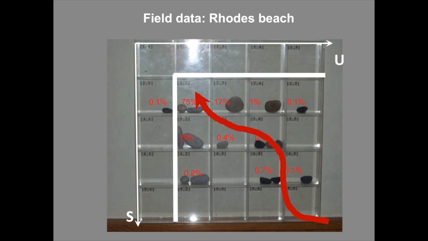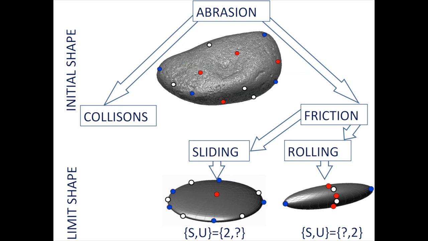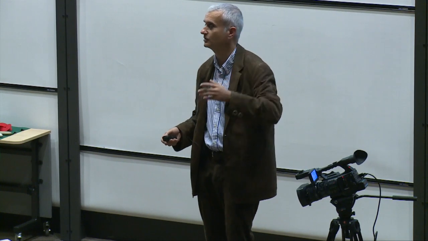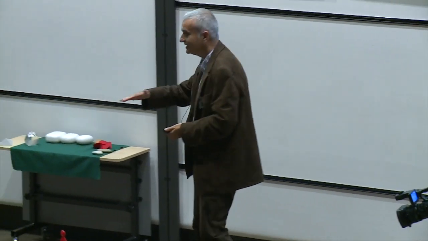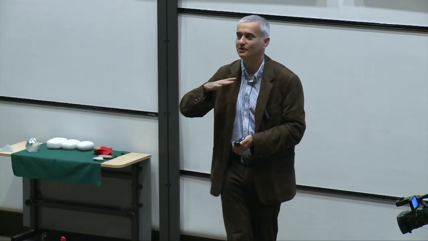And so abrasion for pebbles occurs in two ways. Either it is by friction, so the pebble is sliding. You can hear it. When you go to the beach, you can hear this sliding and rolling motion. If something is very flat and it is sliding, it tends to become even more flat.